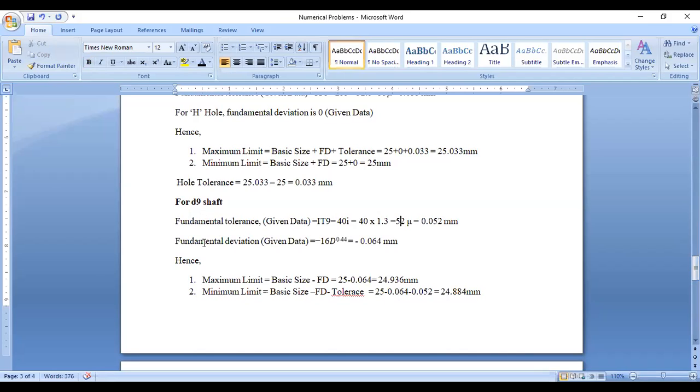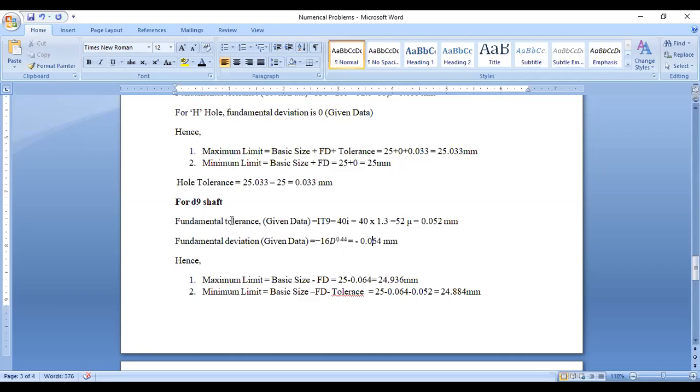Next you have to calculate the fundamental deviation, which is also given in your data, that is minus 16 d raised to 0.44. Substitute the value of d and you will get the answer. This answer will also be in microns, then you have to convert it into mm. Here I have directly written the answer.